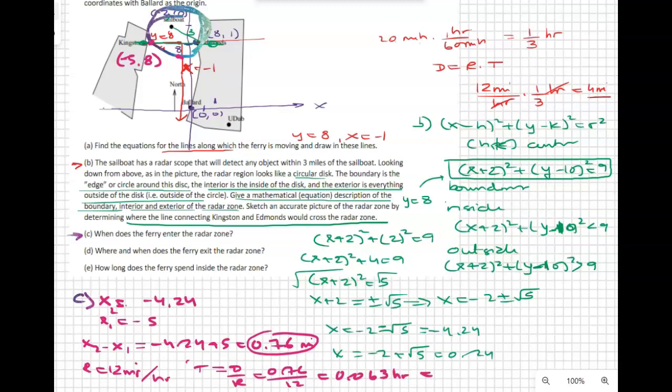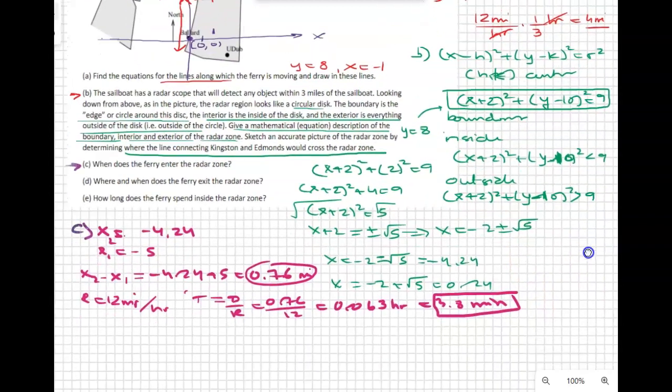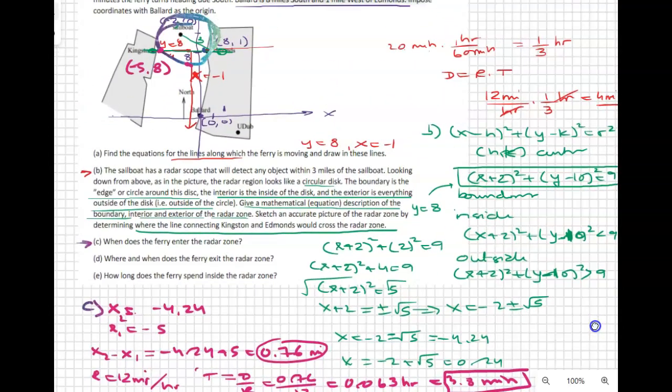If I multiply that by 60, it's about 3.8 minutes. So the first time it enters the radar zone of the boat is 3.8 minutes after it left Kingston.